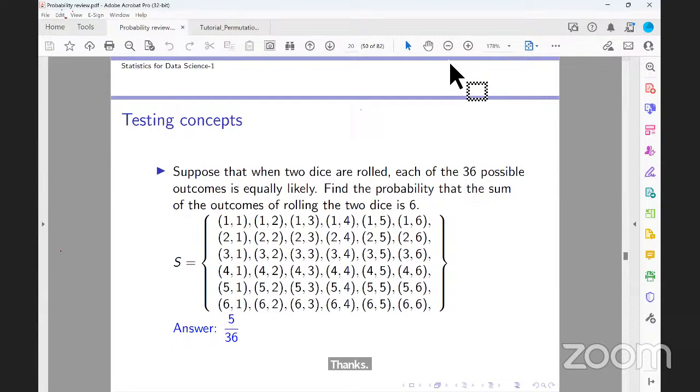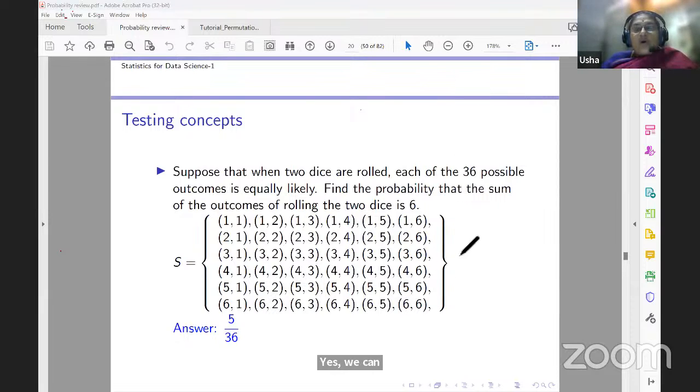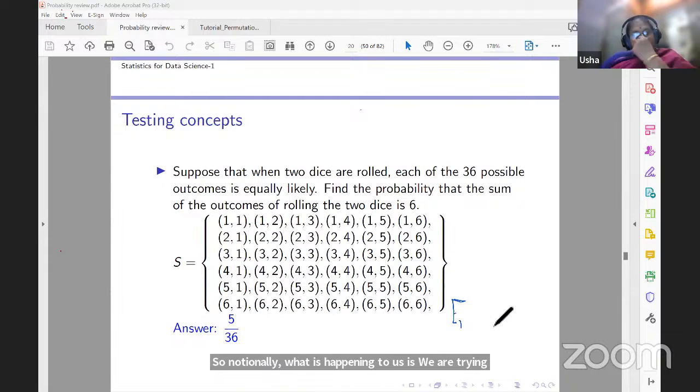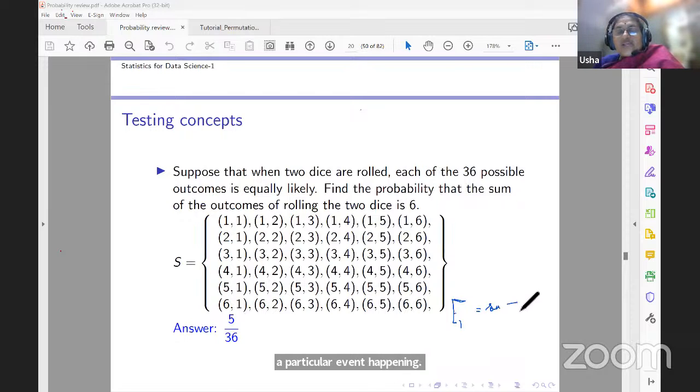Suppose I define E1 to be my sum of throws equal to 7 and E2 to be the outcome of the first throw. I am asking what is the chance of E1 conditioned on E2. Is that clear? Yes, ma'am.